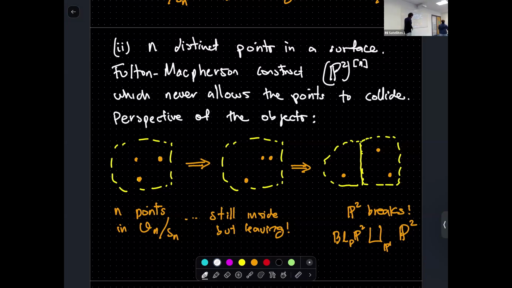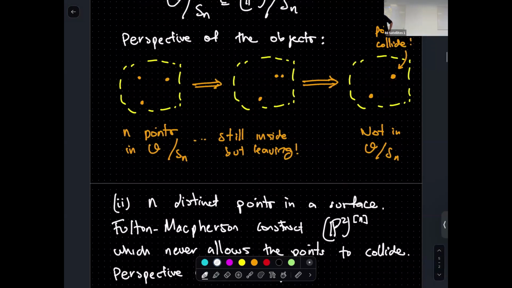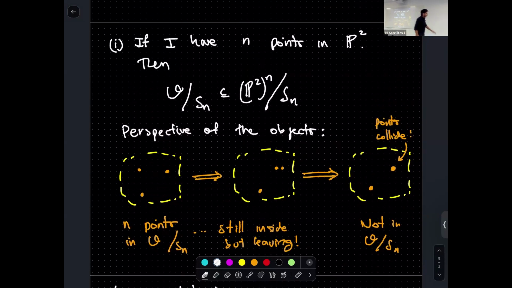This compactification is called the Fulton-MacPherson compactification, and it has advantages over the previous one. What is the advantage? In the previous one, the new locus that we add is not divisorial.